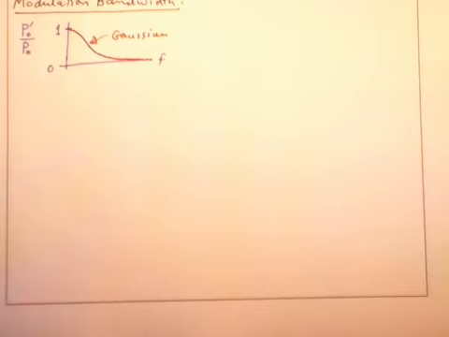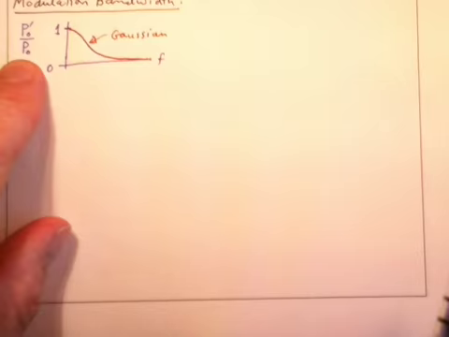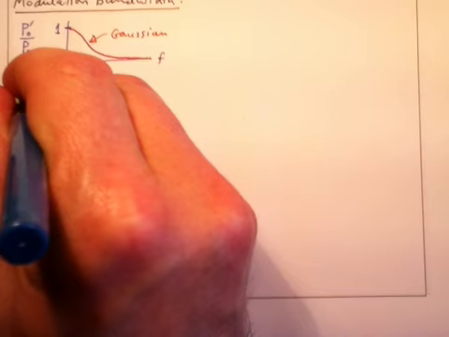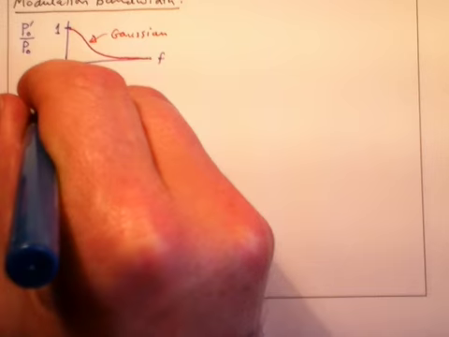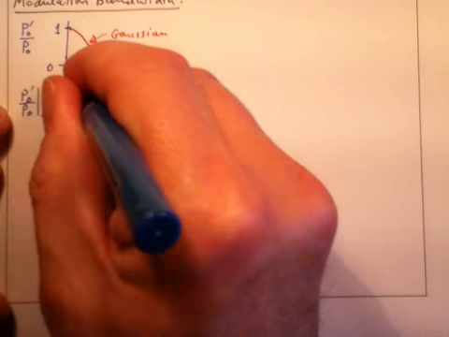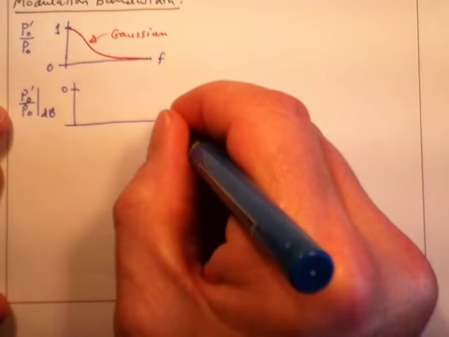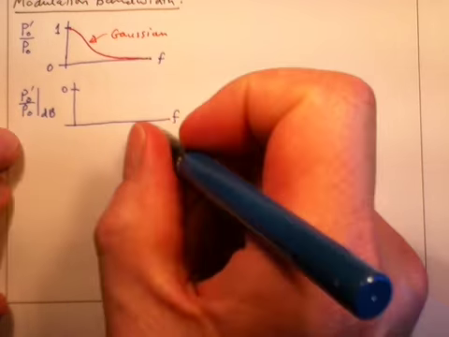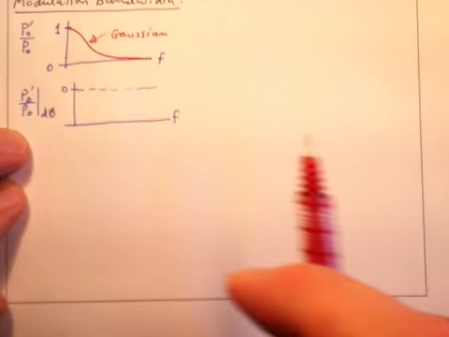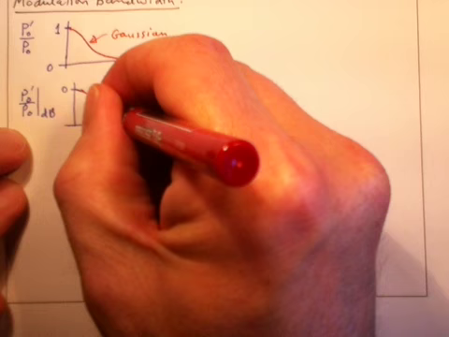I also like to deal with ratios in decibel units, so I'm going to make another plot, P naught prime over P naught in dB units, and that's going to start at 0 and go down from there in a parabolic shape like this.